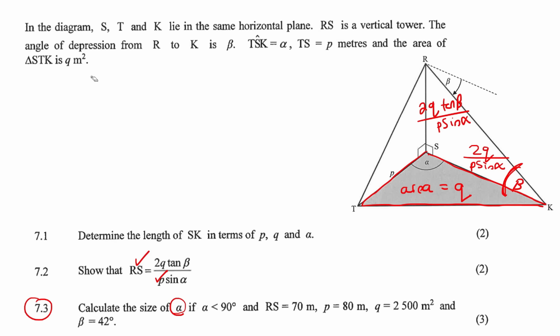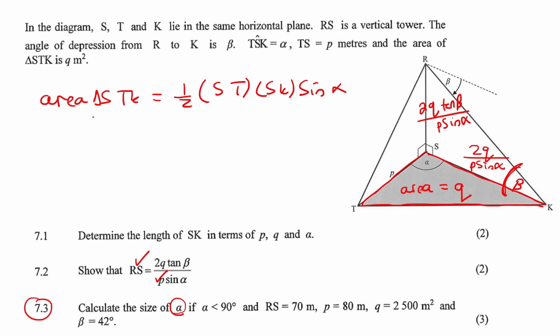Let's just go back to that area of STK again. We said it was a half times ST times SK times the sin of alpha. Now we know the area is Q, but they've told us that that's 2,500. ST is P, but they've told us that that's 80.